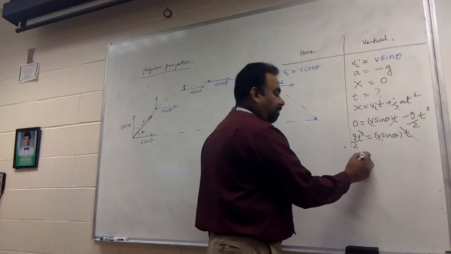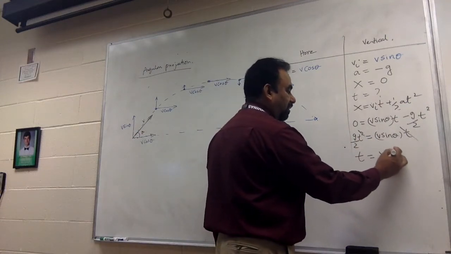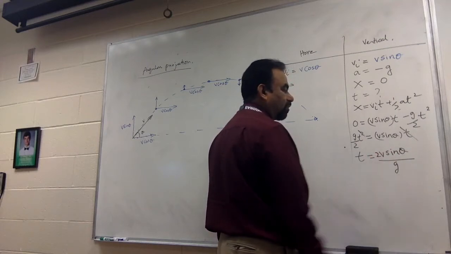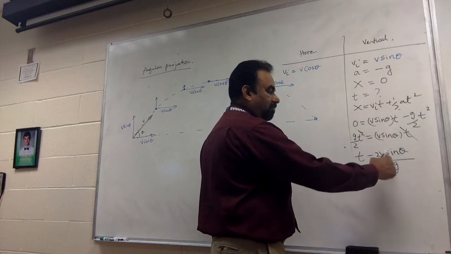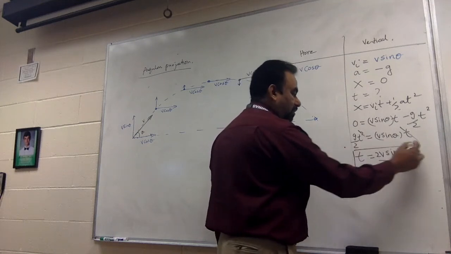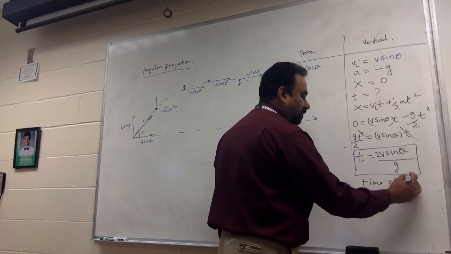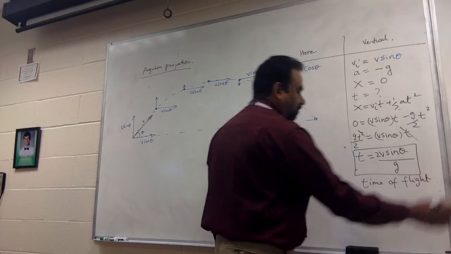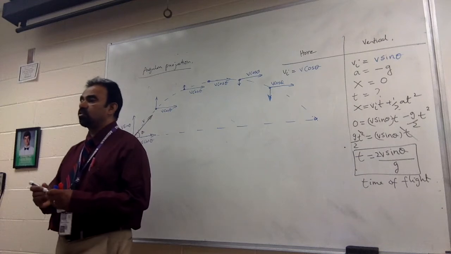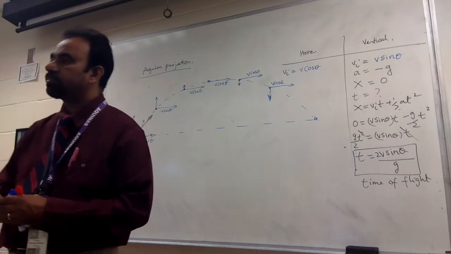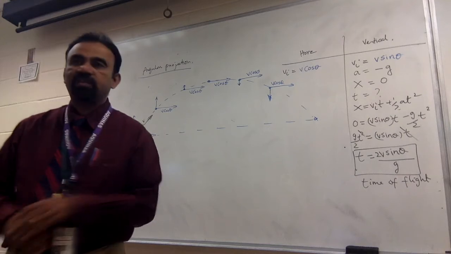So you get the time. t equal to 2v sine theta over g. This is called the time of flight. How long something is going to stay in the air is given by that equation, 2v sine theta over g.